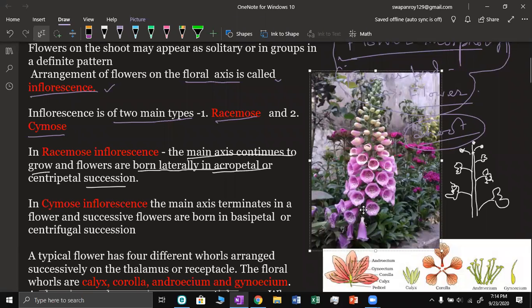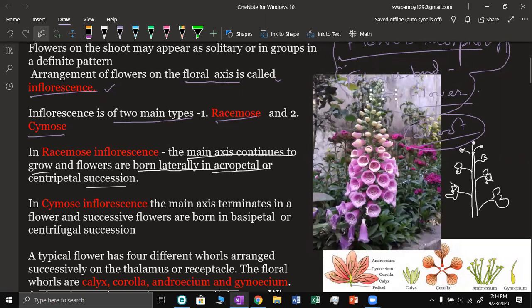On the lower side towards the base, the flowers are already open and large in size, and gradually towards the tip there are smaller flowers. So at the base are large and older flowers, and towards the tip small and young ones. This is called acropetal succession.